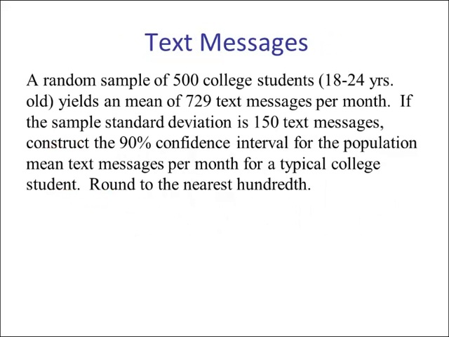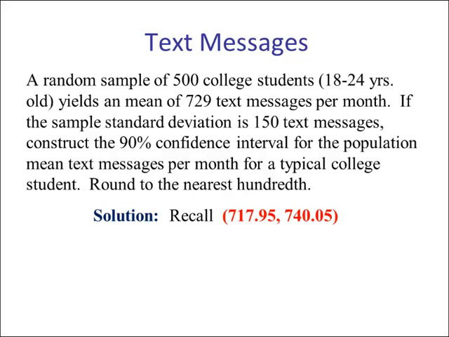Let's do an example. If you recall, this is the text messages example. We want to construct a 90% confidence interval for the population mean number of texts per month for a typical college student aged 18 to 24. If you recall, we computed the confidence interval in a previous video.